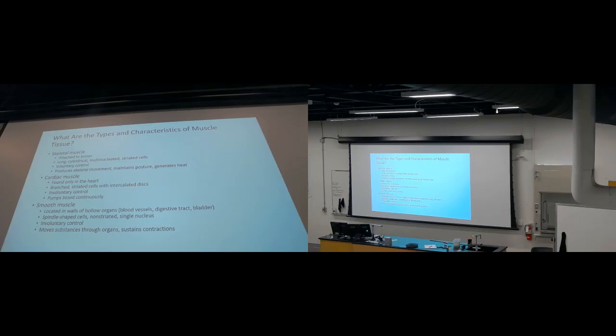They are controlled by the nervous system, while skeletal muscle is under voluntary control. In terms of function, cardiac muscle pumps blood continuously. Smooth muscle moves substances through organs, or allows the exiting of substances outside of the body.